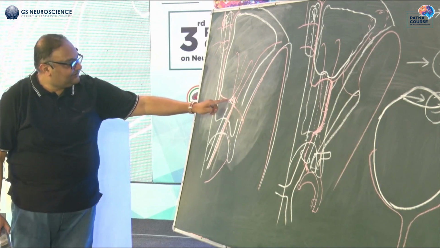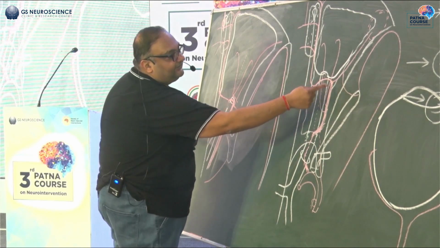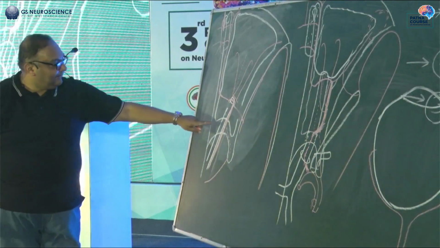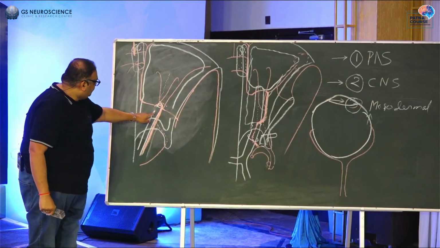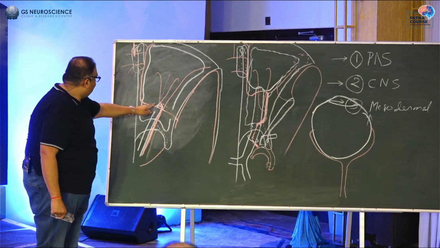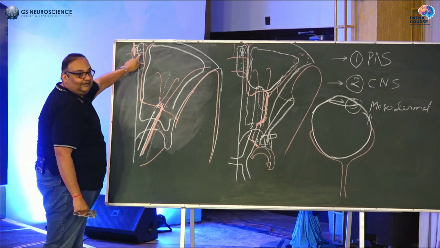This anastomosis, or this crossing over of the artery over the optic nerve, is basically a part of the meningeal system. And if the medial anastomosis has involuted, this will continue via the loop, and this will go and continue as a medial artery, which will give the posterior and the anterior ethmoidal arteries.